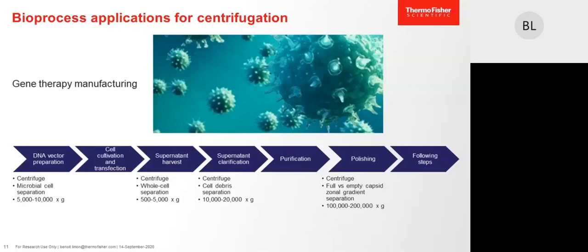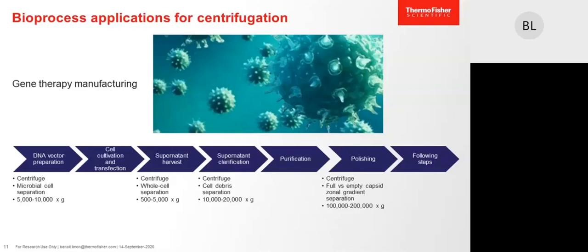This could be some chromatography system, combined with centrifugation, typically a gradient centrifugation to separate the full from the empty capsid. The capsids are very small, and when they replicate, some capsids contain the DNA cassette information, some don't.